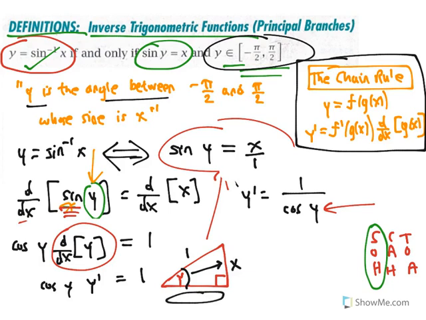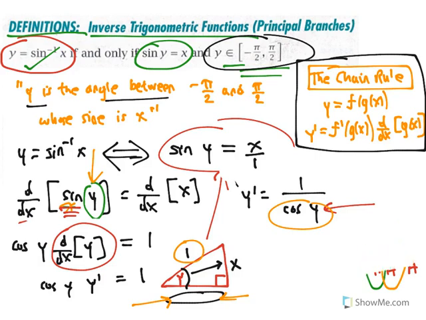So what is the length of the adjacent side? We need that to be able to find cosine of y, because cosine of y is adjacent over hypotenuse. So if we can find the length of the adjacent side, we'll be able to write cosine of y in terms of x. So you're going to use the Pythagorean theorem because you have a right triangle here.